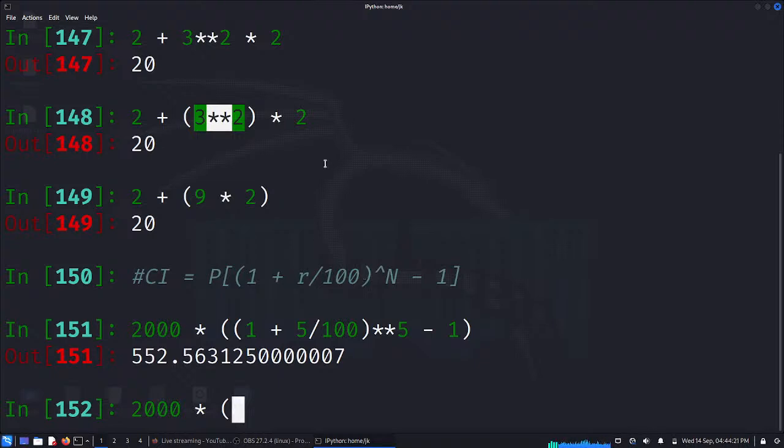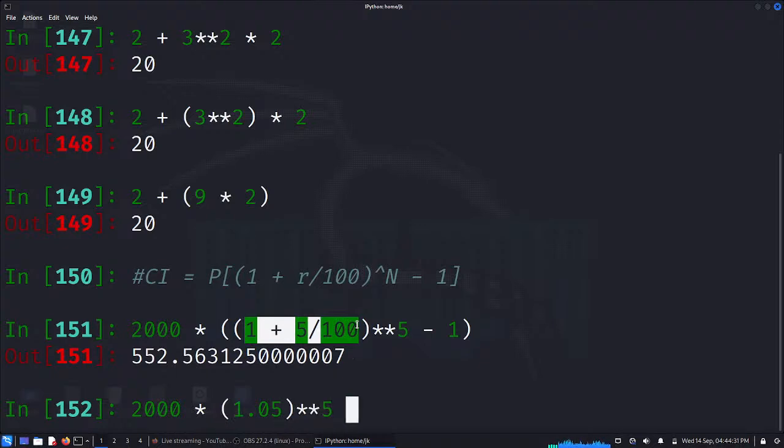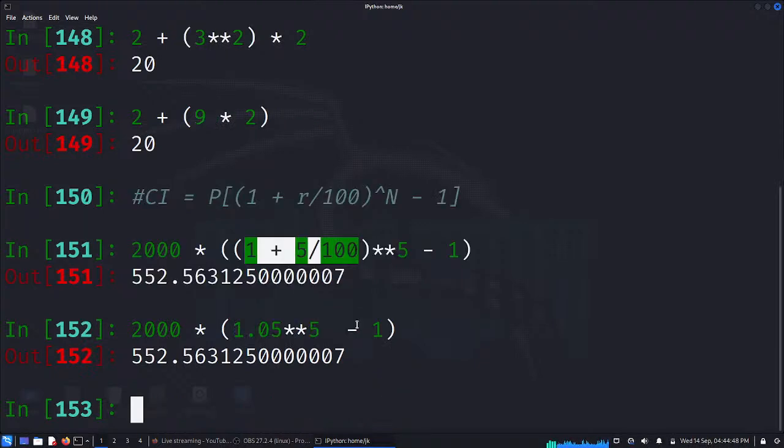What we do first is this one: 1 plus 5 by 100, so 1.05. That is what happens first, and then we have -1. So that is the way.